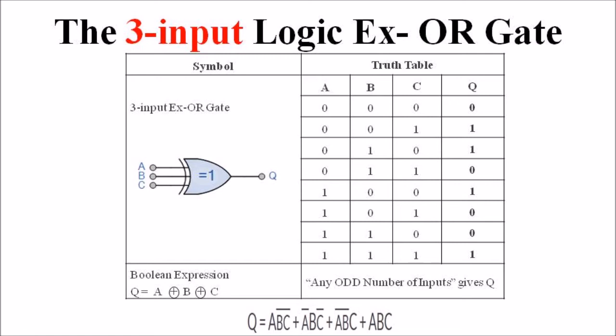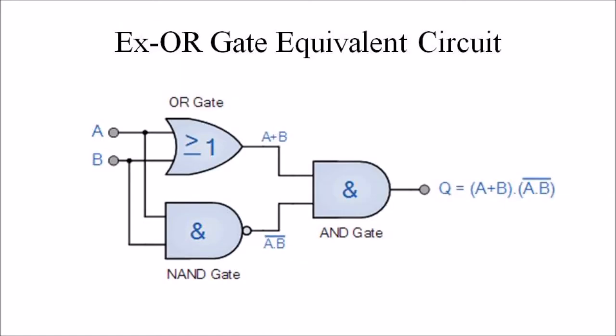We said previously that the XOR function is not a basic logic gate but a combination of different logic gates connected together. Using the two-input truth table, we can expand the XOR function to (A plus B) dot (A dot B) the whole bar, which means that we can realize this new expression using the following individual gates.